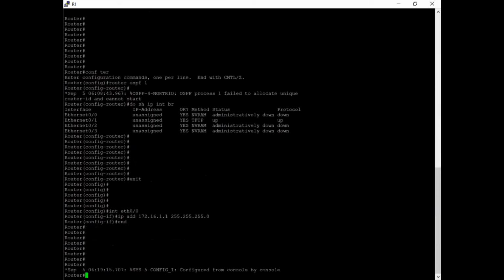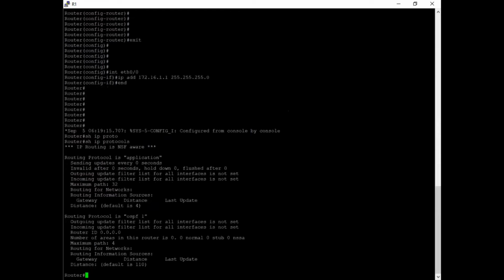And let me check now what RID my OSPF process has picked. Since it is only one, it should be picked up with that IP. And you can see currently the RID is 0.0.0.0. What does that mean?